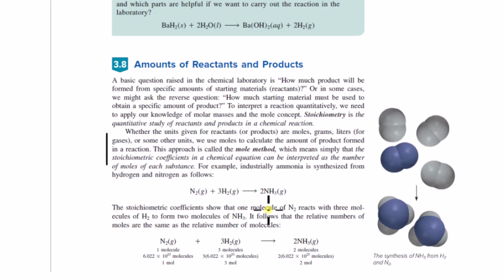Absolutely we can. Remember, a mole is just a scaling factor. It would be like saying, instead of moles, we're going to use dozen. Would it make sense to say you have a dozen N2 gas molecules interacting with 3 dozen H2 gas molecules to produce 2 dozen NH3 gas molecules?